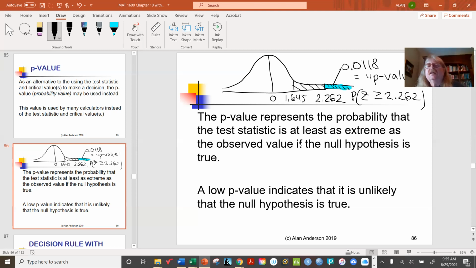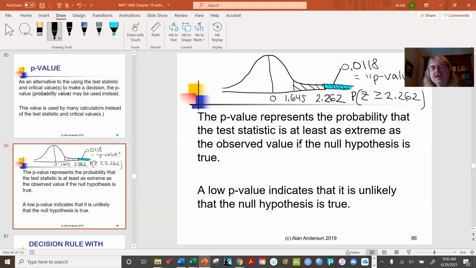So basically, you can think of it as the probability of getting that test statistic or something even larger when the null is true. But it really just means the probability, that whole area, which is more extreme than the test statistic. So what are we supposed to do with this information?